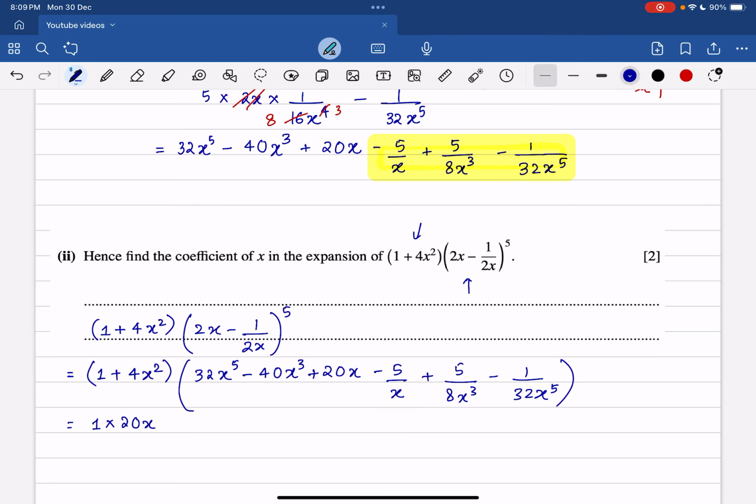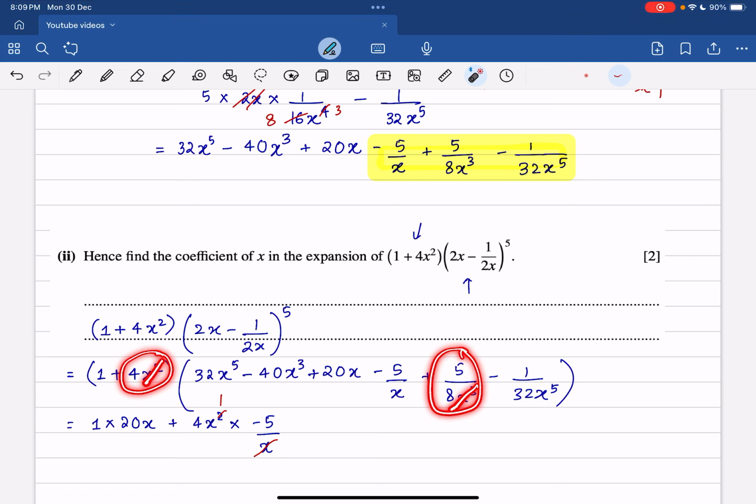But 4x squared with this guy, let us see what it looks like. 4x squared multiplied by negative 5 by x. Now, if I try to cancel this out, I will be left with x to the power 1 in this one, right? So this is the multiplication that is needed. If I multiply this again with this one, x cubed and x squared will cancel.